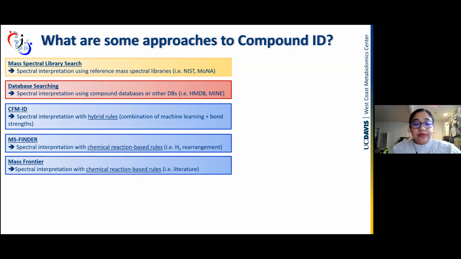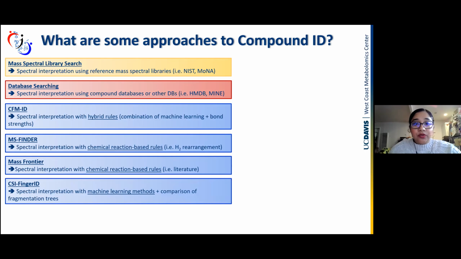So the developers had looked over thousands of papers and really collected anything in literature that would point to a mechanism of some sort of fragmentation and put it into a software, which I think is really helpful when you're trying to learn about how the fragmentation is occurring in your spectra.